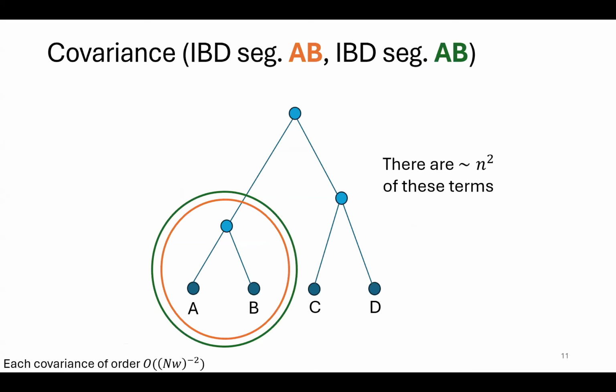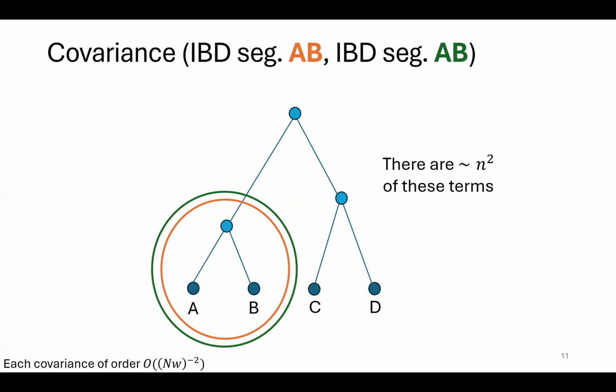Okay, so let's grapple with the covariance structure. There will be three covariance types that I'll talk to you about today. These are the only three. So we have the covariance of the IBD segment indicator between haplotypes AB and the IBD segment indicator between haplotypes AB. In the context of the coalescent tree, I've circled the relevant branches and common ancestors and samples here.